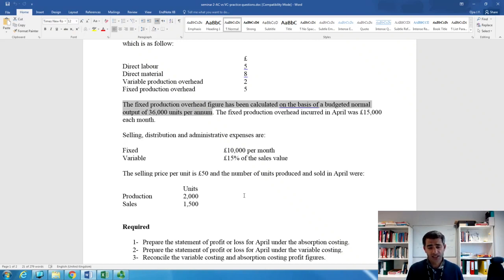So if you divide 36,000 units by 12, you find 3,000 units every month. This is the budgeted production units.